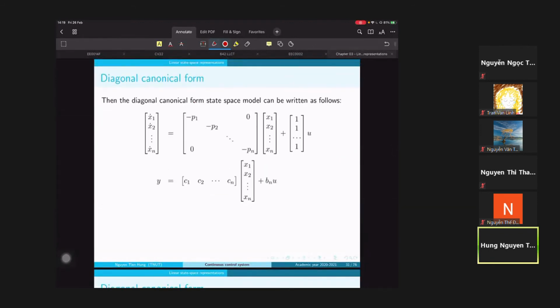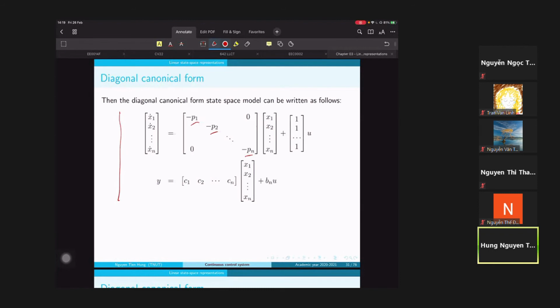This is called the diagonal canonical form because all the elements on the main diagonal are -P1, -P2 up to -Pn, and other elements are 0, so we get a diagonal matrix.